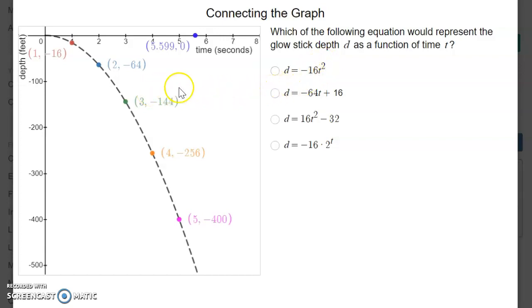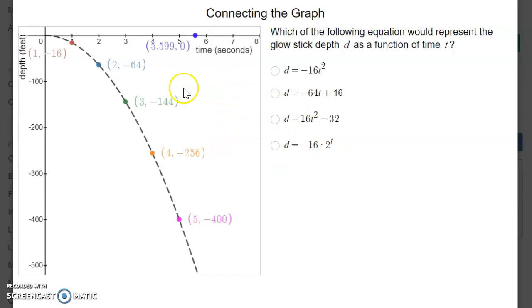And where is the y-intercept? The y-intercept is (0, 0). That means when t is equal to 0, the distance was also equal to 0. That rules out these two. So the only possibilities are negative 16t squared or negative 16 times 2 to the power of t.